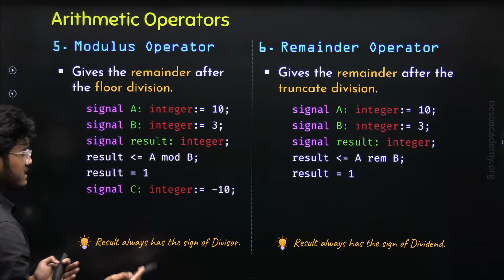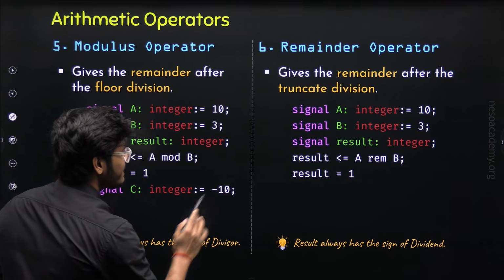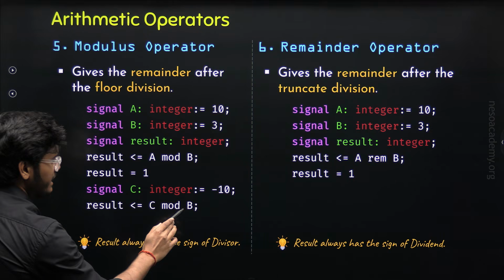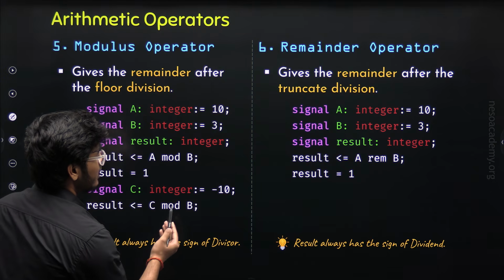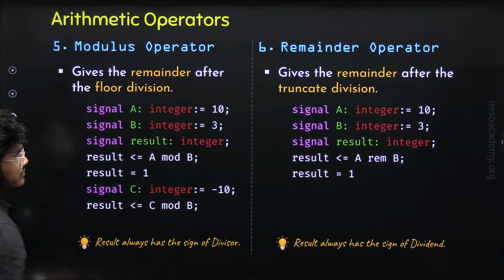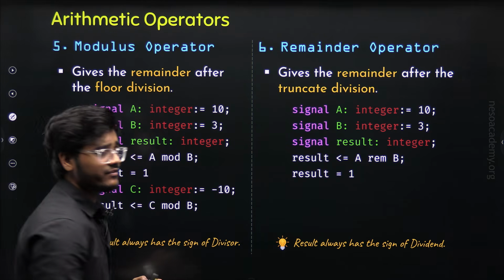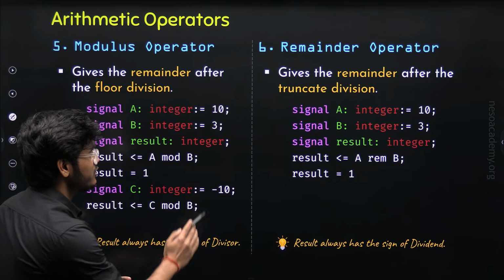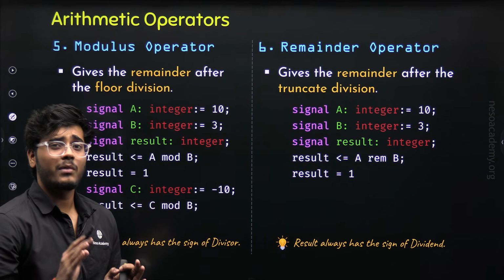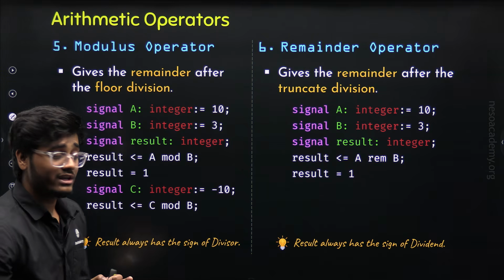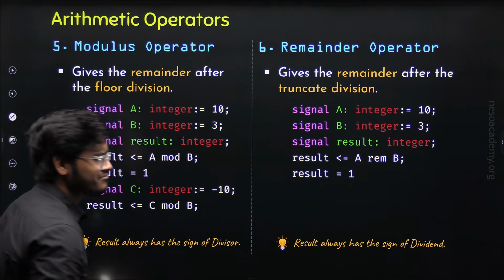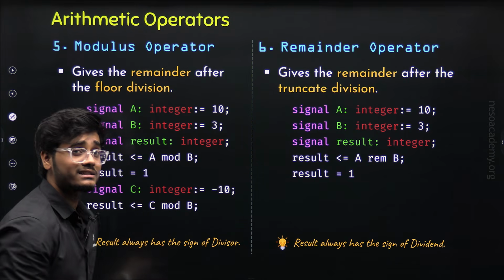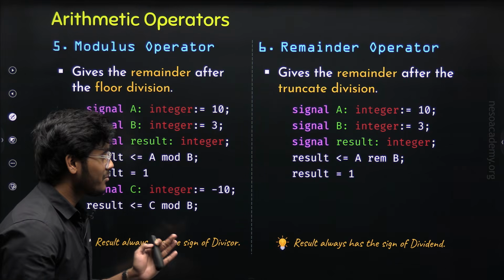Here I am taking another signal C with integer minus 10. And if I perform the modulus operation here, C mod B, that is minus 10 mod 3, in floor division, when we have a negative dividend, then we take the multiple of the divisor which is closest and smallest compared to the dividend. That is, the multiple of 3 which is closest and smallest compared to minus 10. For example, minus 9. Minus 9 is closest to minus 10, but it is not smaller than minus 10.